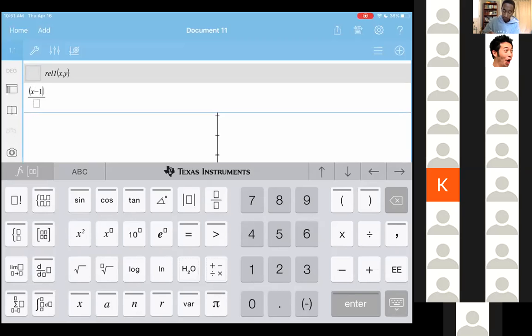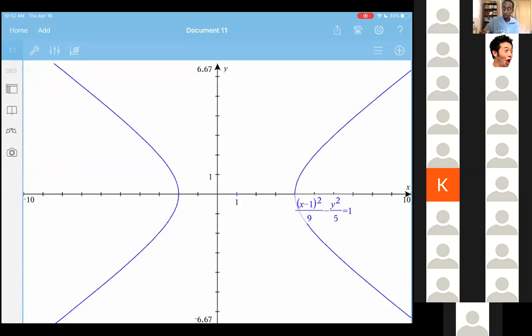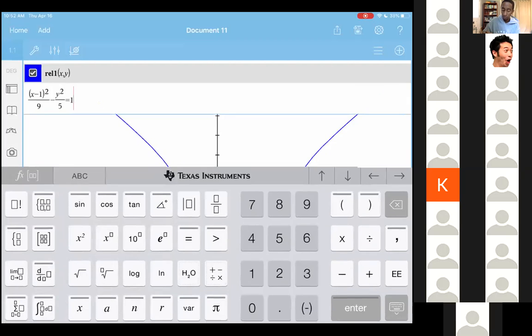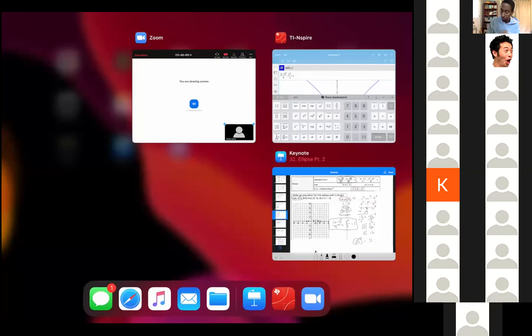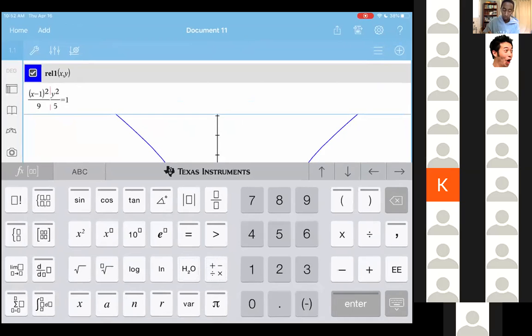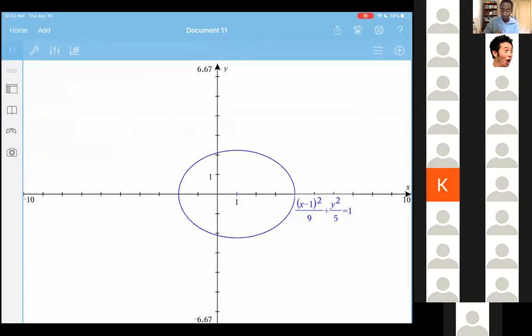X minus 1 squared over 9 minus y squared over 5. Thank you. Whoa, I put minus. Did I put minus in the other thing when I wrote it? Oh, yes, okay, plus. We'll talk about that later. That's going to be a hyperbola. There we go.